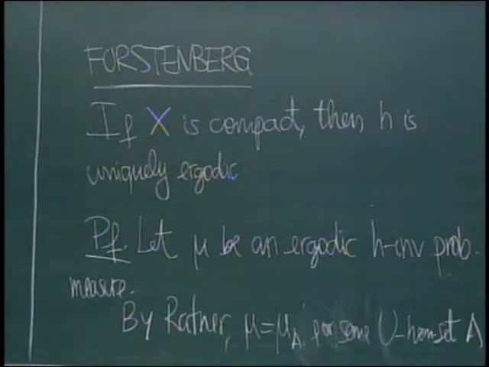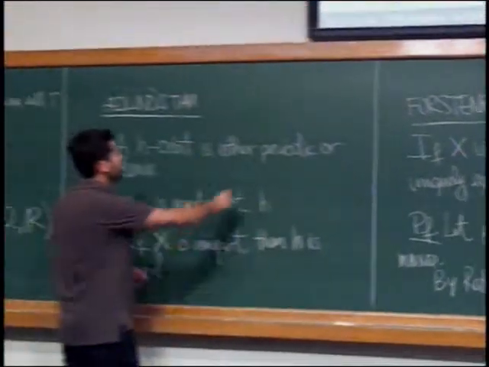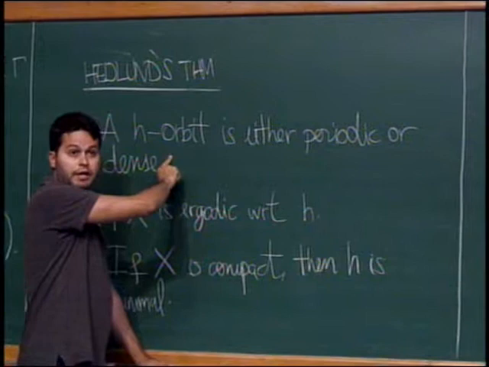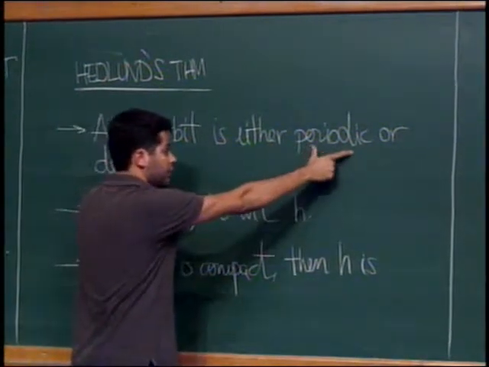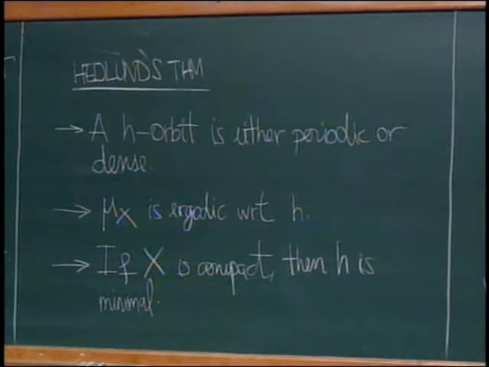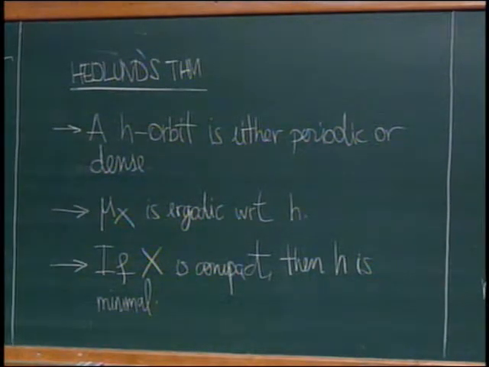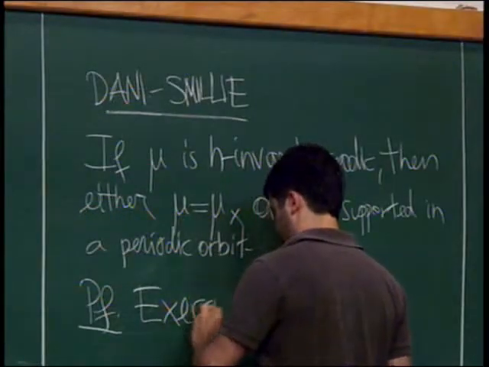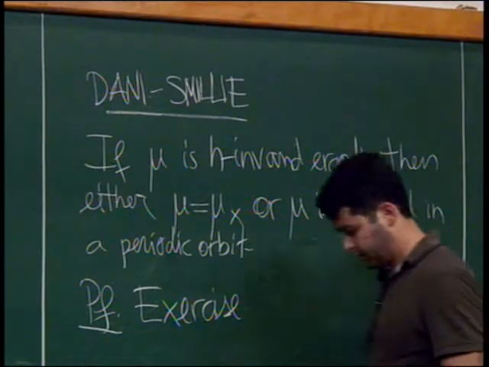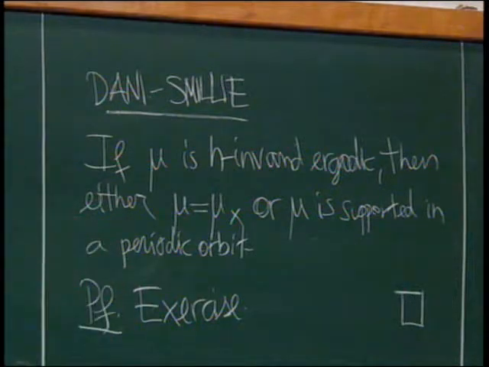But you know that a U-homogeneous set has to be either periodic or dense. So it means that the measure has to be supported on a periodic orbit, or has to be the Haar measure. I'm going to leave the proof as an exercise, which is just to fill in the words that I just said.